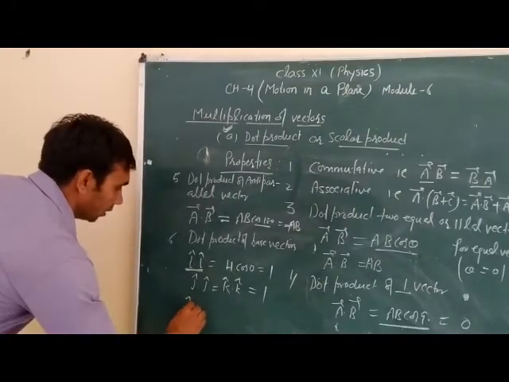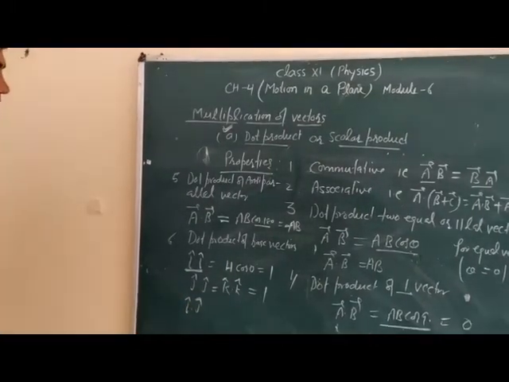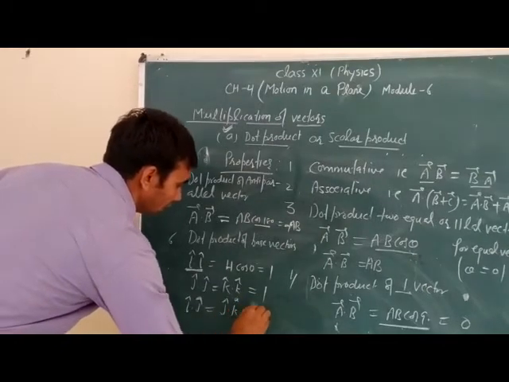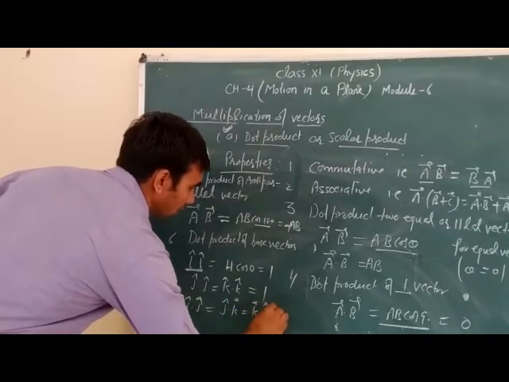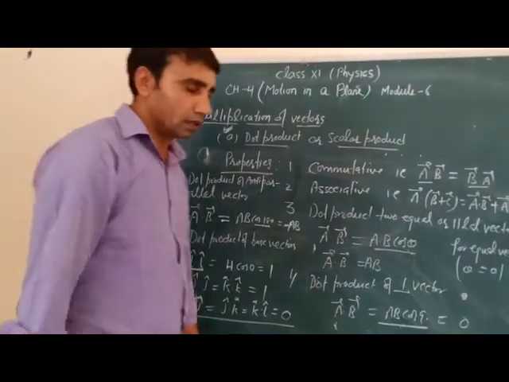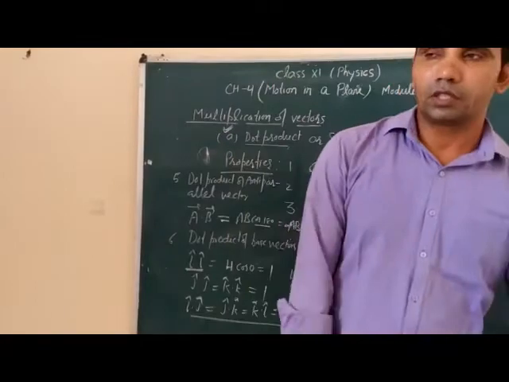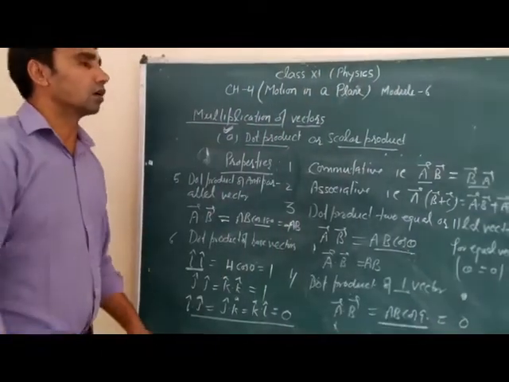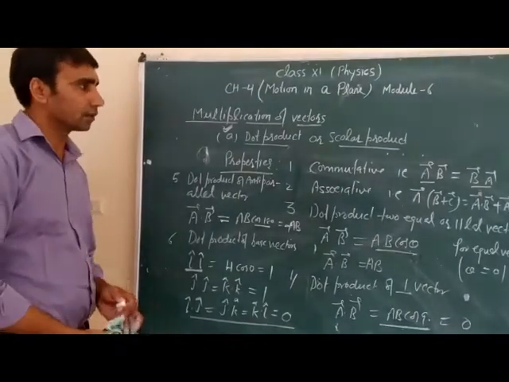I dot j is equal to j dot k, which is equal to k dot I, which is equal to 0.